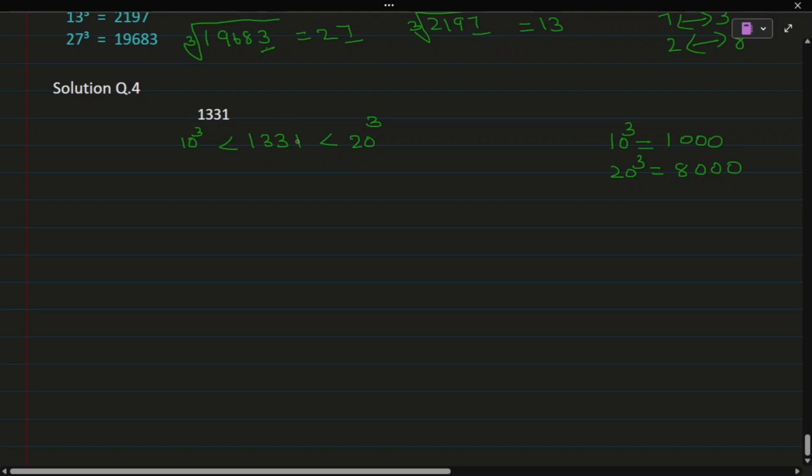That is, this number is coming between 1000 and 8000, that means between 10 cube and 20 cube. So the cube root of 1331 will come between 10 and 20. So you will get an idea between which numbers this cube root will come.